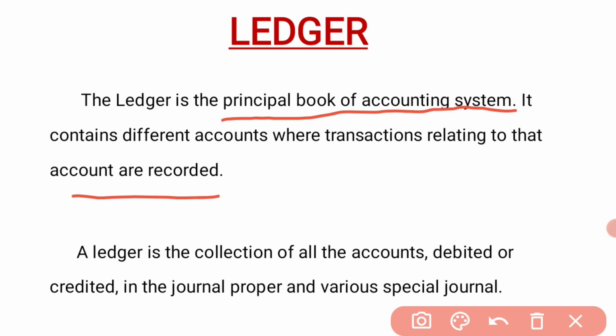That we can say is the principal book of accounting system. The transactions are transferred from the original book of entry, that is journal entry, into separate individual accounts. It is called the ledger account.